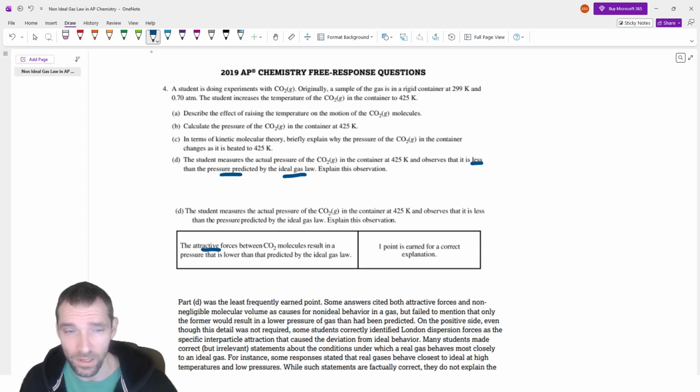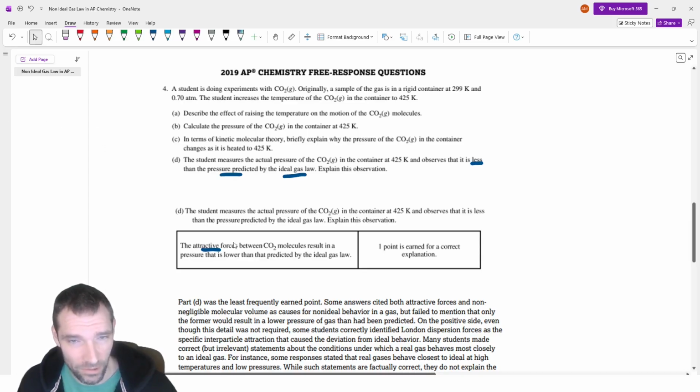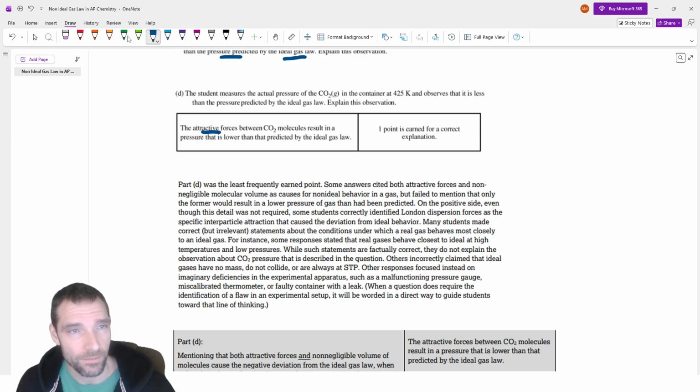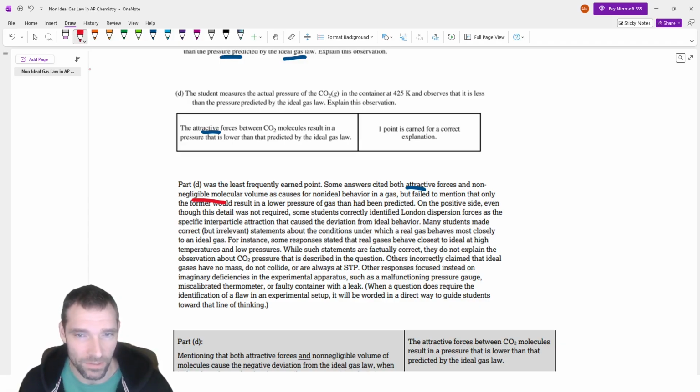You don't have to do a lot. This is just like a short sentence saying the attractive forces result in this lower pressure. And people got points taken off if they tried to cite both the attractive forces and the non-negligible volume. Now those both are probably present, but one effect is being seen more than the other in this situation.